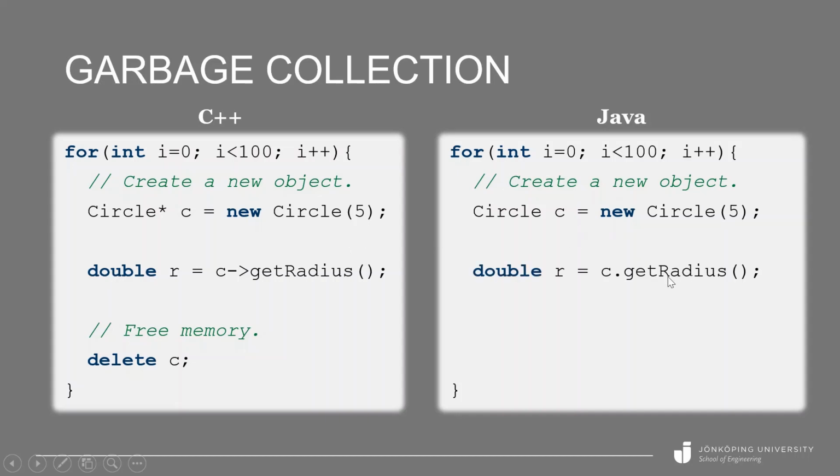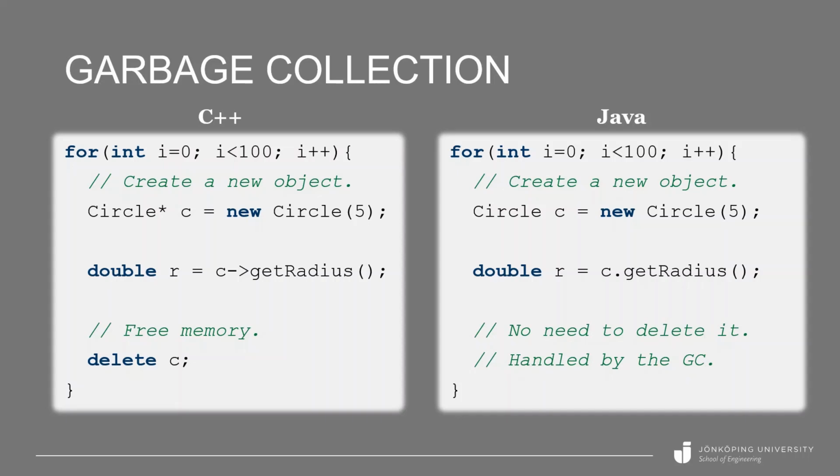To call a method on the circle object we have here, we simply write the circle object dot the name of the method. And then when we're done using the circle object, we don't need to do anything special to give back the memory we allocated for it, because this is where the garbage collector comes into the picture.